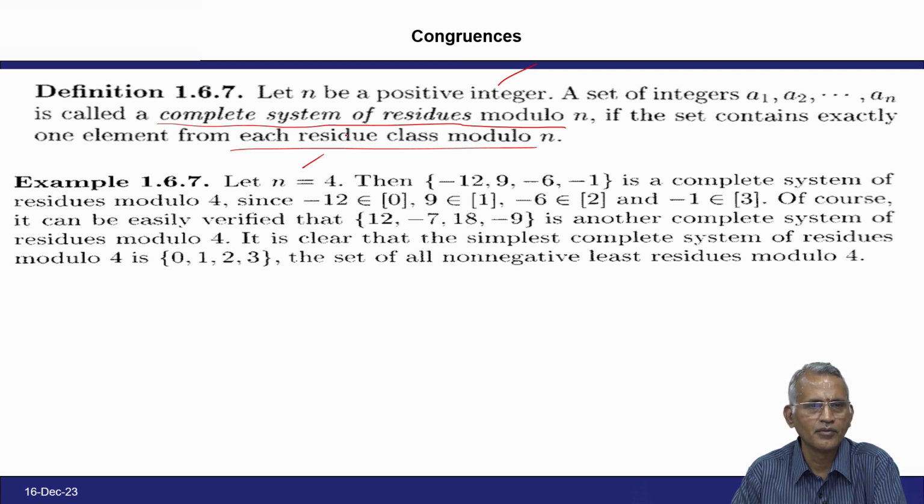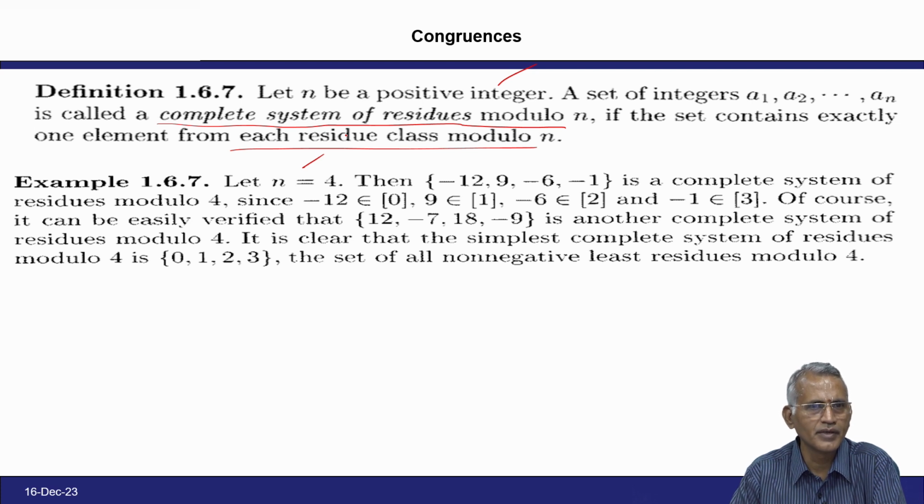Take 12 divided by 4, the remainder is 0. Take 9 divided by 4, the remainder is 1. Take 6, the remainder is 2. Take minus 1, and the remainder is 3. Therefore they belong to class 0, class 1, class 2, and class 3.